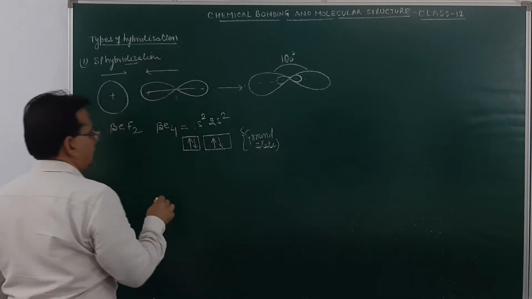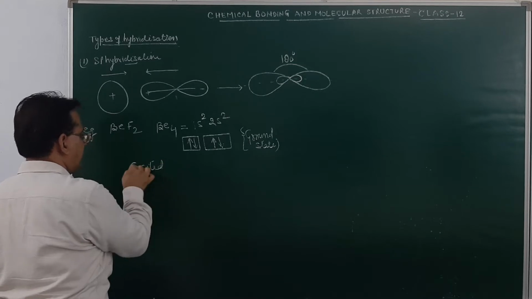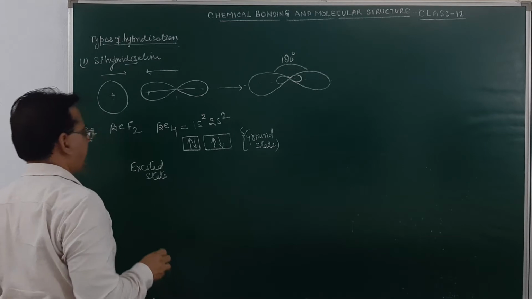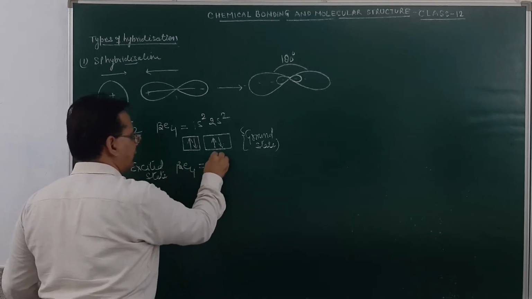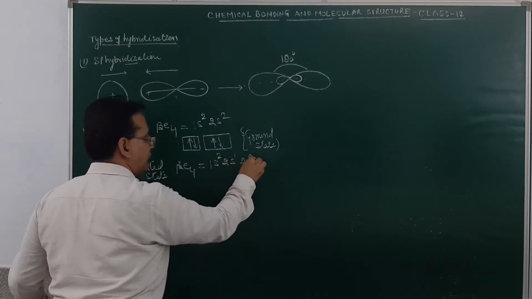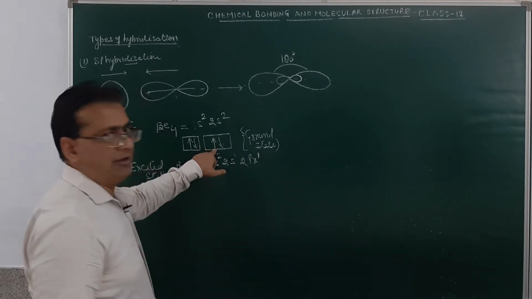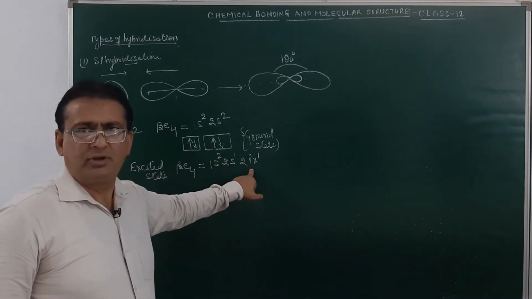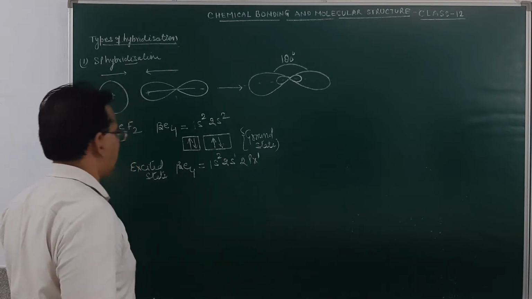Now, if I write it in the excited state, because when bond formation takes place, it occurs in the excited state: the atomic number of beryllium is 4, and the configuration will be written as 1s2, 2s1 and 2px1. Am I clear? To participate in the bond formation, this paired electron gets unpaired and is distributed in the atomic orbital of the same energy. So, how will it take place?